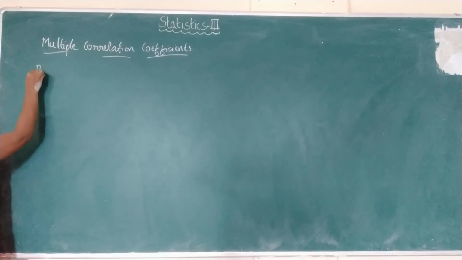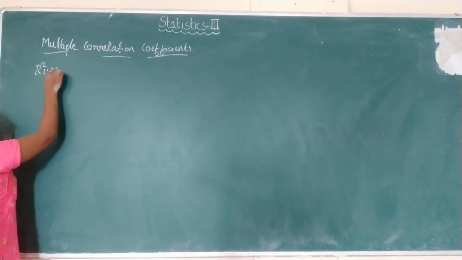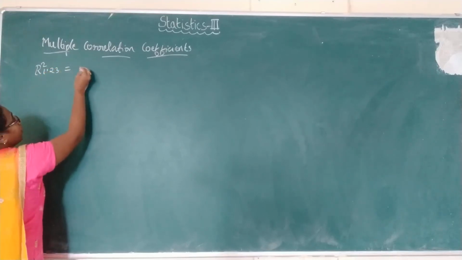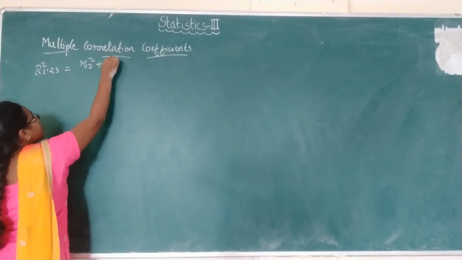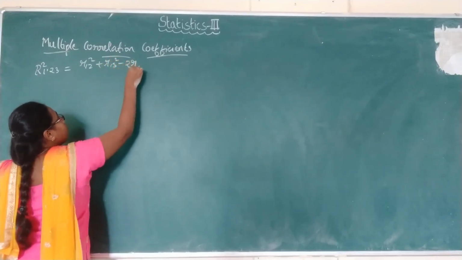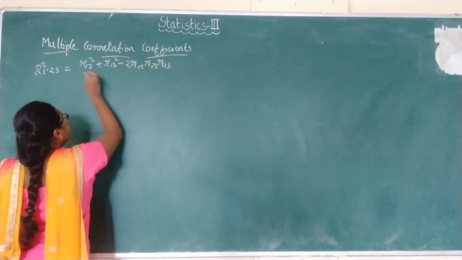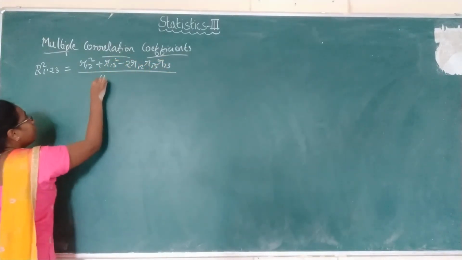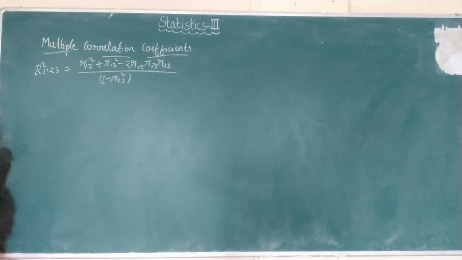First one is R square 1.23, how will we write the formula? R12 square plus R13 square minus 2R12, R13 and R23 divided by 1 minus R23 square. So this is the R square 1.23 formula.